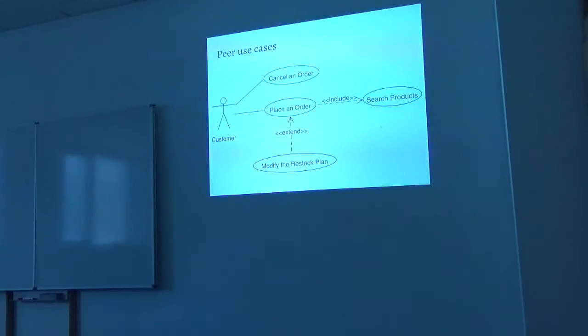This is an include-only use case, and it seems that it is not as important as use cases like place an order, cancel an order, which incorporate this behavior. And these use cases that represent the most important user goals typically are not interconnected.